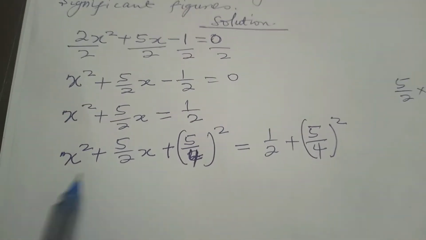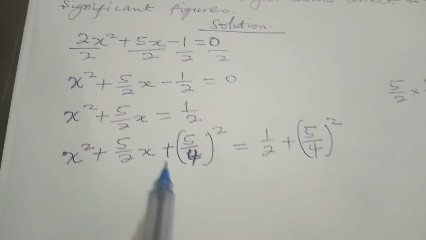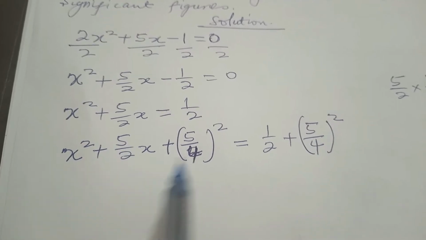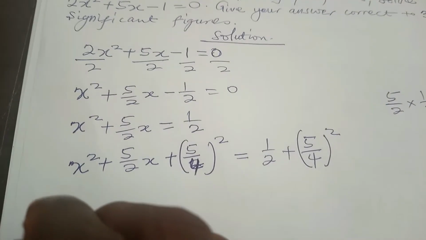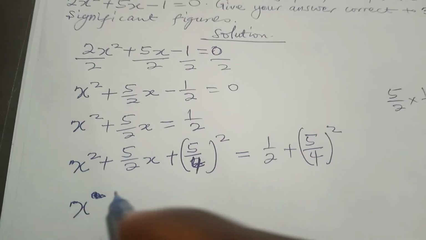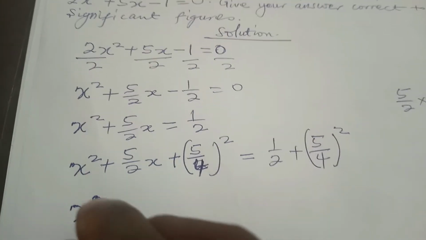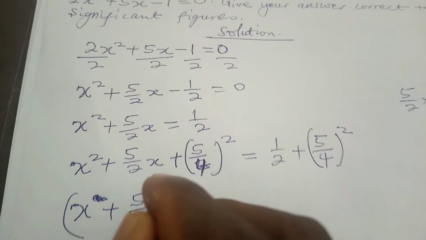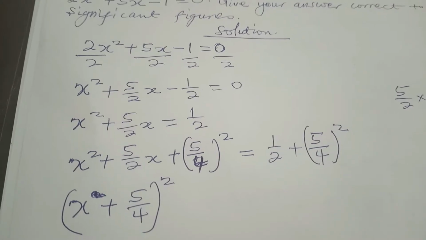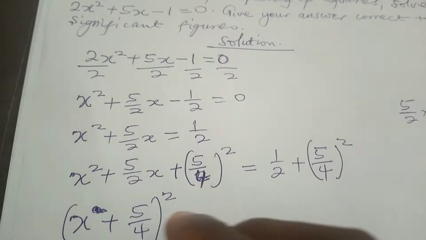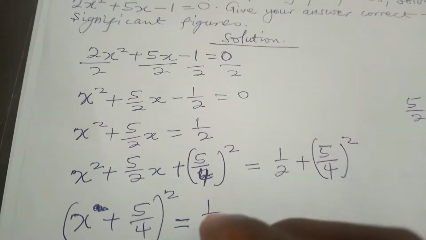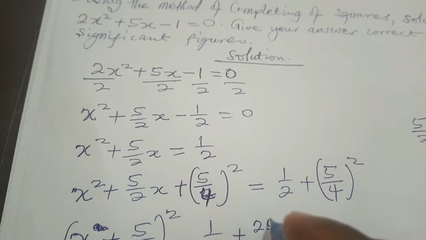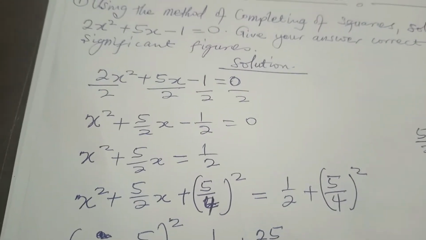Now that here becomes a perfect square, to factorize it becomes one of these and one of these squared. That gives us x plus 5 over 4 all squared, and that will be equal to 1 over 2 plus 25 over 16.